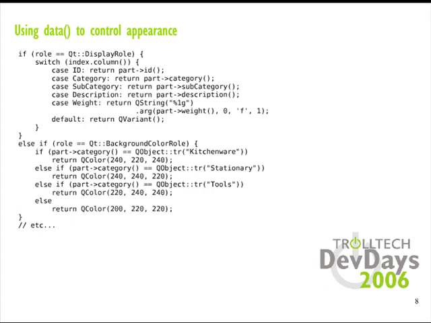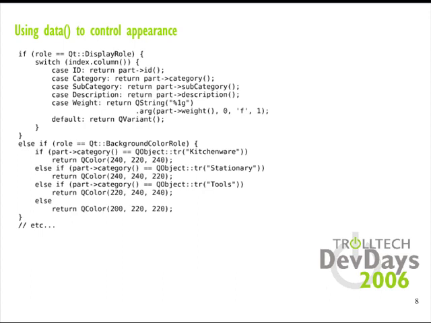In that case, you say, OK, what column are you interested in? And here's your data. Now, I've made a choice here. I've decided to return weight as a string that I formatted myself. I'm not convinced that that's necessarily a good approach, but it's easy, and it worked for just read-only data, as I've got here. We will get on to editable data, of course, later.